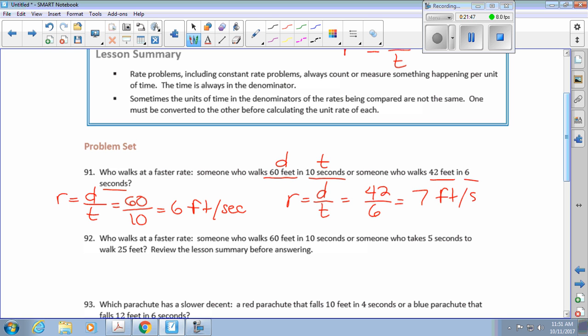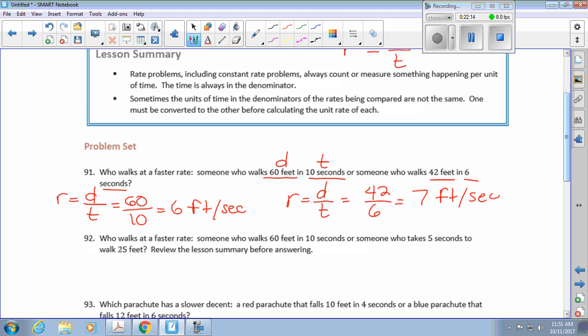So which person is faster? The person who's doing 60 feet in 10 seconds or the person who's doing 42 feet in 6 seconds? Christoph? Which one? 60 feet in 10, they're only going 6 feet in 1 second. This person's going 7 feet in 1 second. So who's faster? It'd be this guy, right? Because he or she's going 7 feet in 1 second.